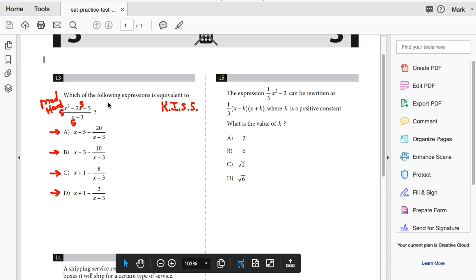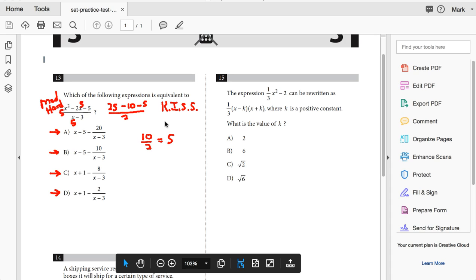We're going to have 5 squared, which is 25. This is in the numerator, minus 10, minus 5, and then down in the denominator, 5 minus 3 is 2. Let's simplify this. 25 minus 10 is 15. 15 minus 5 is 10. 10 divided by 2 is 5.